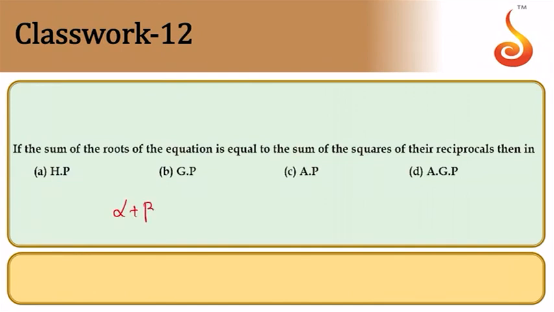Example 12. Option A is correct. If sum of roots of equation is equal to sum of squares of its reciprocal, given alpha plus beta equal to 1 by alpha square plus 1 by beta square.